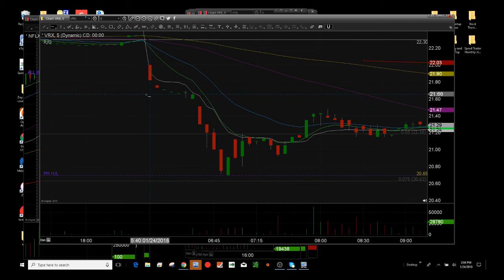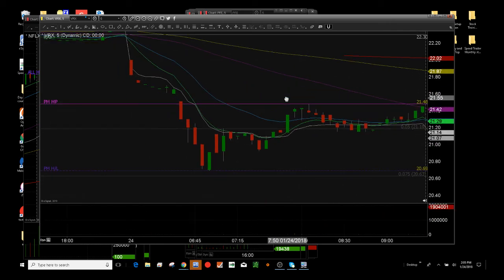It varies, but in this case, it's very distinguished. You have the move down, then a move back up, and then it starts coming back down. The top of this right here is where I think there are a lot of sellers. At this point, a lot of people don't want the stock to go up any higher than this.